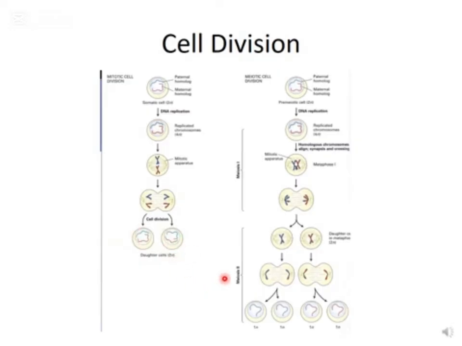In the case of meiotic cell division, we have paternal strands and maternal strands. Then we get DNA replication. Here also we get a 4n chromosomal cell.